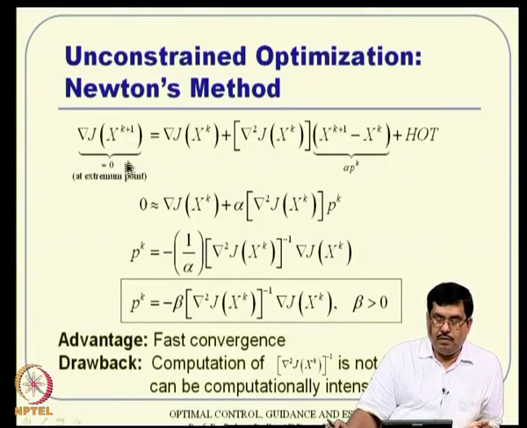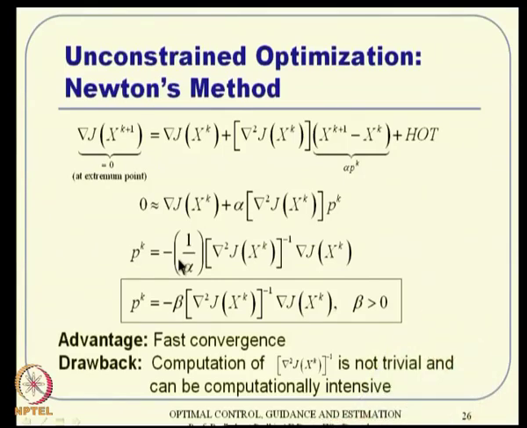That is the whole idea. So, if this happens to be 0 and I neglect these higher order terms, then this equation is approximately true, and from here we will directly solve for p k. So, p k gives this direction, and we can just solve it. You take it to this side, it will give the negative gradient and so on.